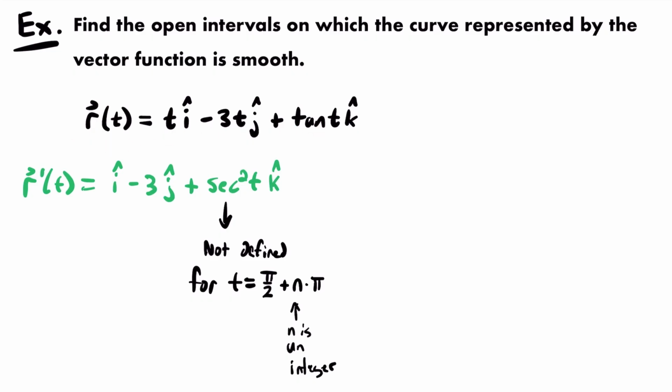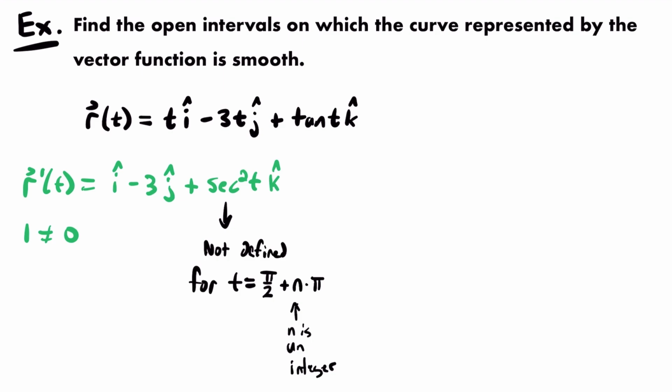this vector function. But before we set up those intervals, we still haven't checked where this derivative vector function is equal to the zero vector. So let's quickly do that. Remember that we want to set each of the components equal to 0 and see if they are equal to 0 at the same value of t. And you might have noticed that that's probably not going to happen because the first two components are constants, right? For the x component, we just have 1, and 1 is not equal to 0.